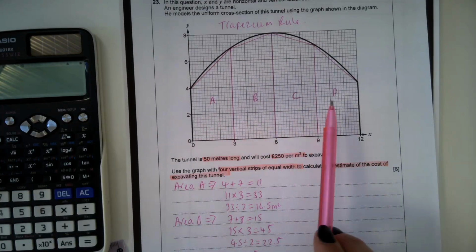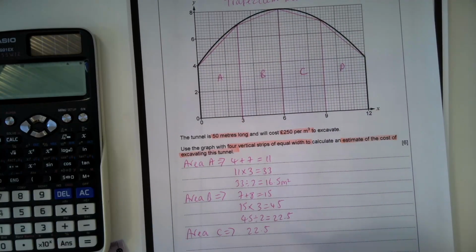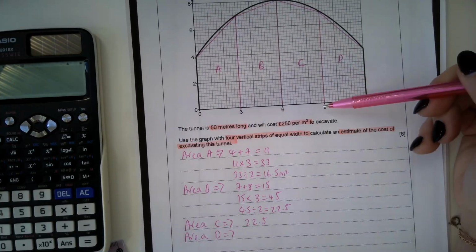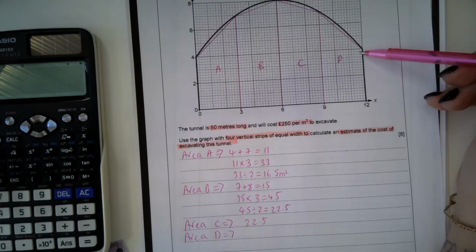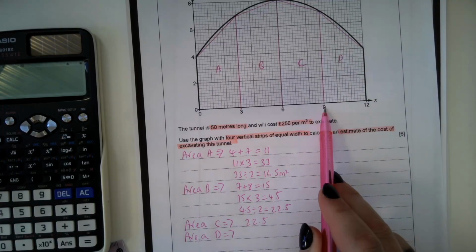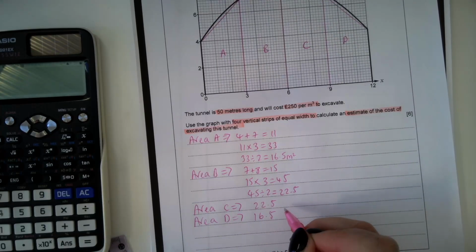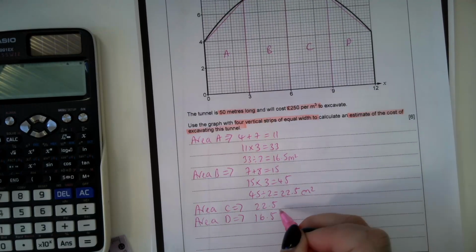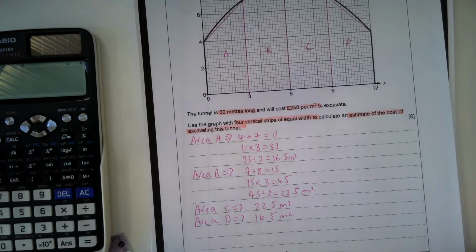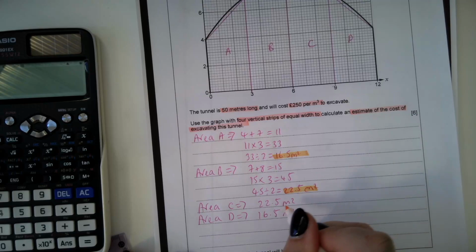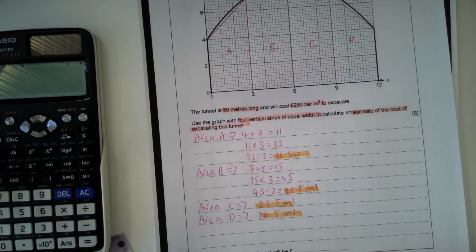And then I'm hoping that A and D are the same, but we'll find the area of D anyway, just to be safe. So that would be 7 plus 4, times by 3, and then half it. So that is 16.5 metres squared. So we're going to get the total area. So the total estimated area of that cross section is all of those added together.